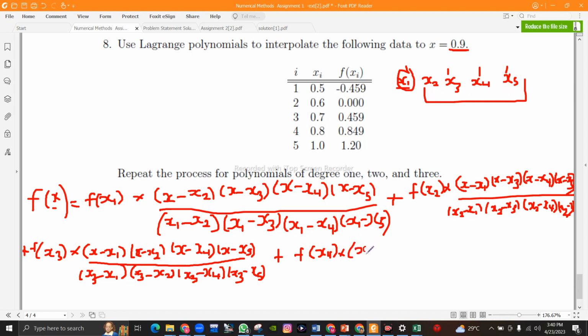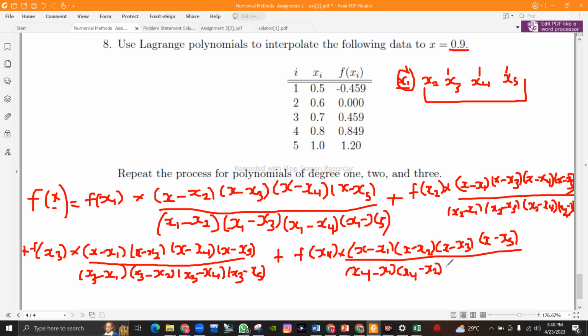That's x minus x1, x minus x2, x minus x3, then x minus x5, divided by the x4 that we are using, subtract every other point, x4 minus x1, x4 minus x2, x4 minus x3, then x4 minus x5. So the last one is plus f of x5.